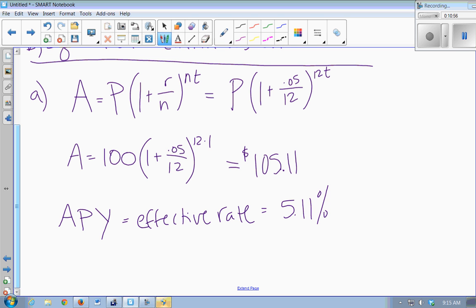You end up making a little bit more than the nominal rate of 5% because of the compounding, because you make interest on interest. So this is an important thing if you ever are opening an account or taking out a loan, to find out the APY. By law, the bank has to tell you that, and it helps you compare things. But often what they advertise is an APR, so you need to ask for the APY or look for it.